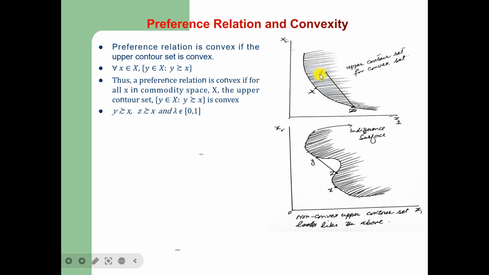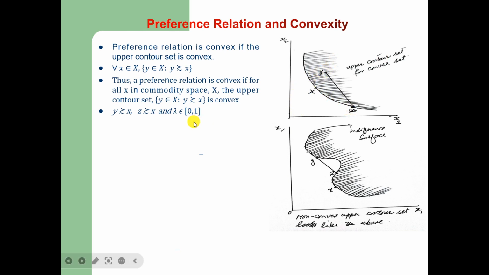We see in this graph y is at least as good as x, and z is also at least as good as x, where z and x are on the same indifference curve, and y lies above this indifference curve.